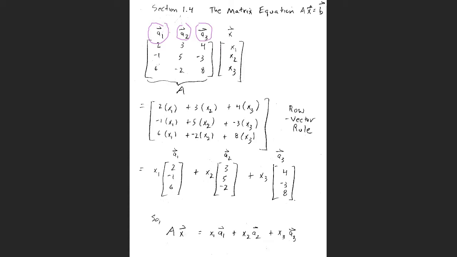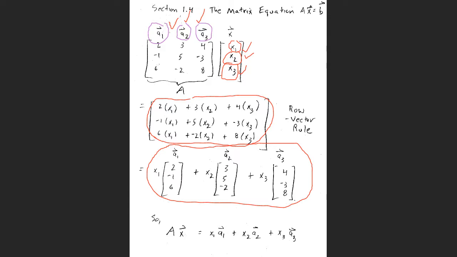And then in the vector X, we have the components X1, X2, and X3. Well, the matrix A times the vector X is simply a linear combination of these column vectors where the coefficients in the linear combination are the components of the vector X. You see, this matrix here can be rewritten as the linear combination of the column vectors of the matrix A.